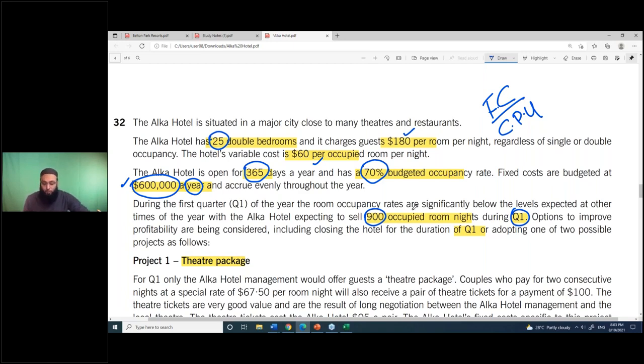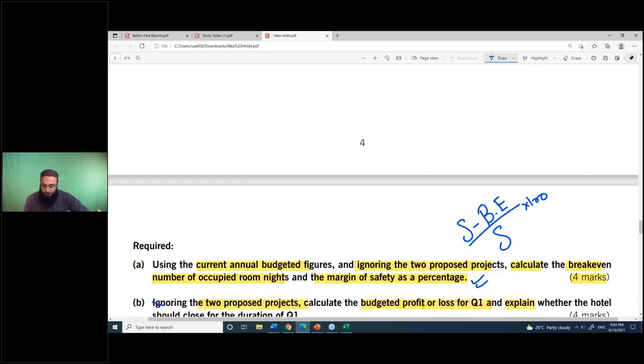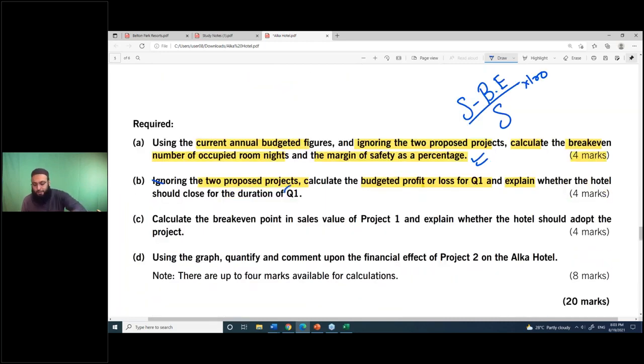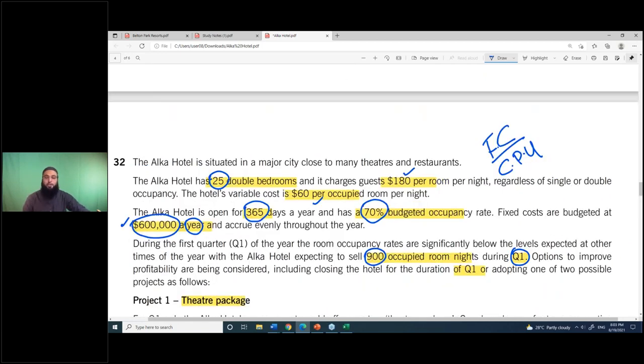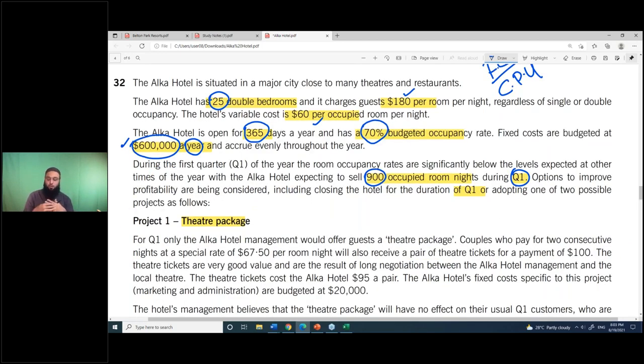You can see here as well, it is written for quarter one. So don't be misguided in this case. It's quarter one. So the fixed cost that is given is an annual one, and you cannot use this annual one. You have to prorate this into 4 quarters, that is for the 3 months.